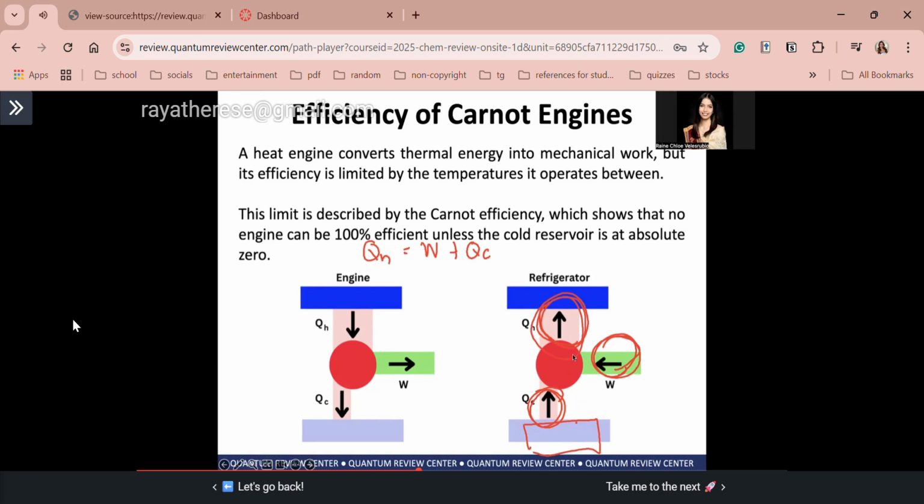Ang QH, yung heat, ay ma-release into the hot reservoir. And same pa rin yung equation, guys. The heat released to the hot reservoir for a Carnot refrigerator is equal to the work inputted plus the heat from the cold reservoir, na nilagay sa ating Carnot ref. Okay? Guys, I hope that's clear.